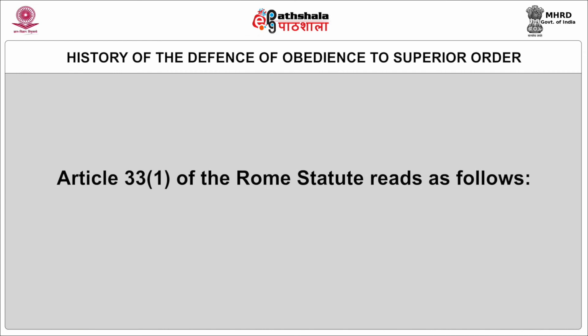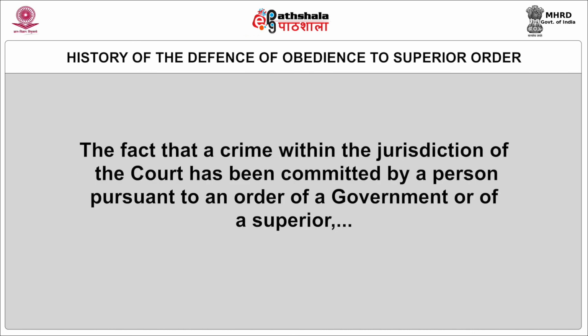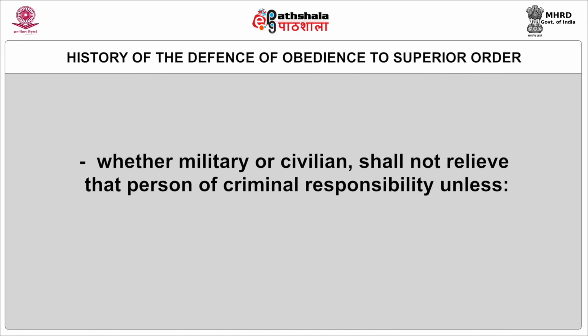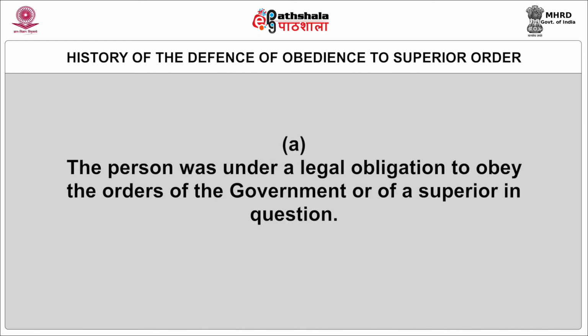Article 33(1) of the Rome Statute reads as follows. The fact that a crime within the jurisdiction of the court has been committed by a person pursuant to an order of government or superior, whether military or civilian, shall not relieve that person of individual criminal responsibility unless, firstly, the person was under legal obligation to obey the orders of the government or the military superior in question.